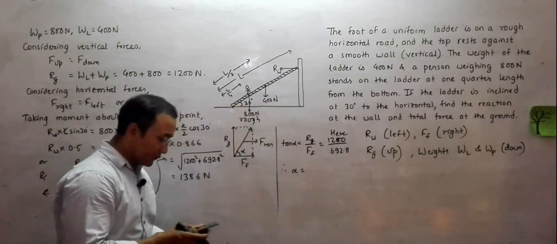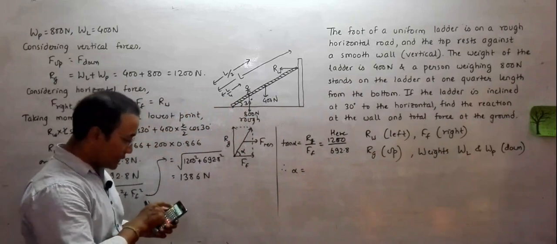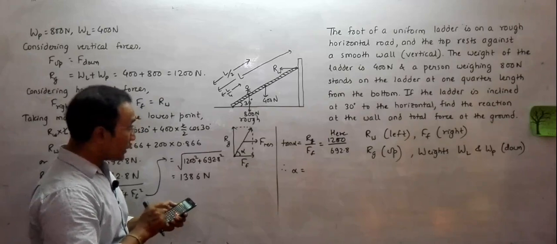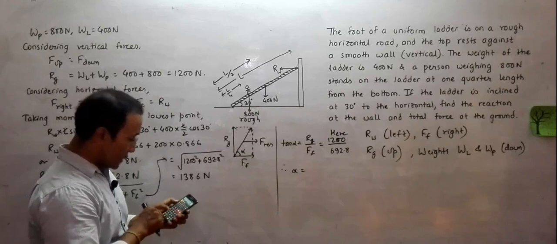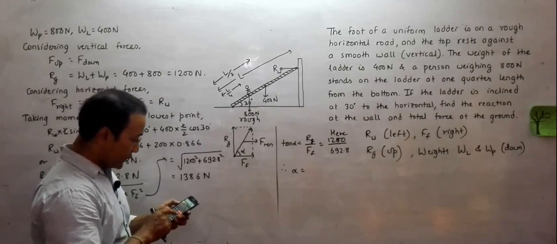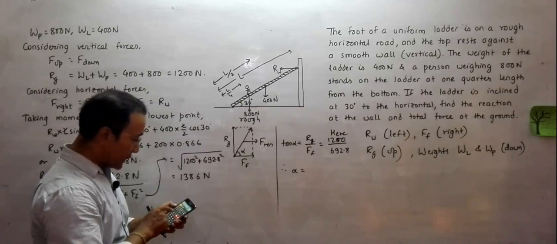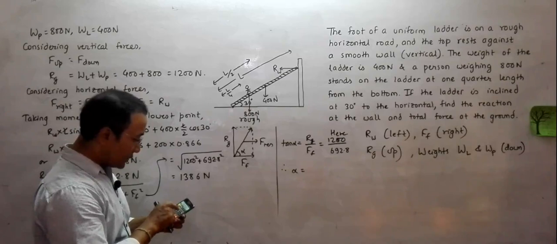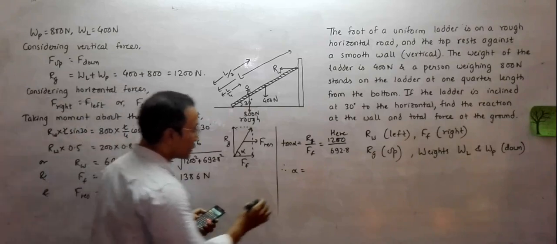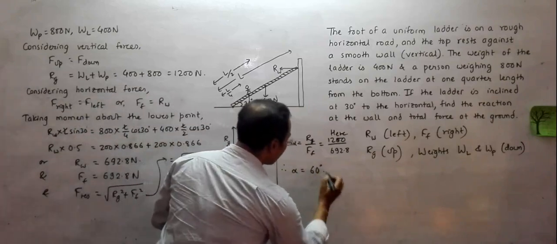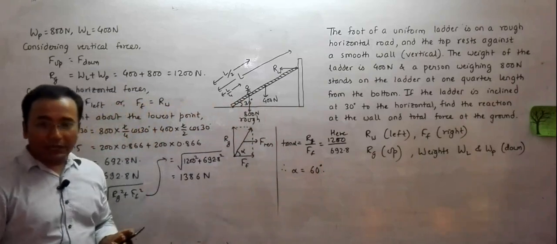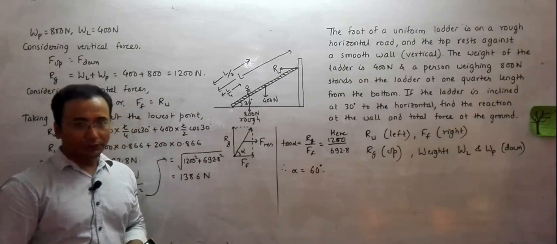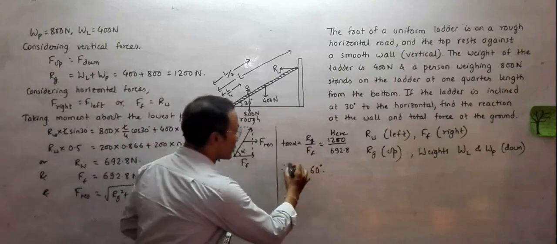Therefore alpha is shift tan of 1200 divided by 692.8, which is equal to 60 degrees. So the resultant force will make an angle of 60 degrees to the horizontal. So that gives us the complete solution.